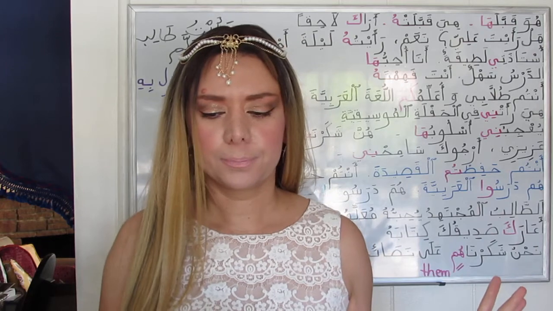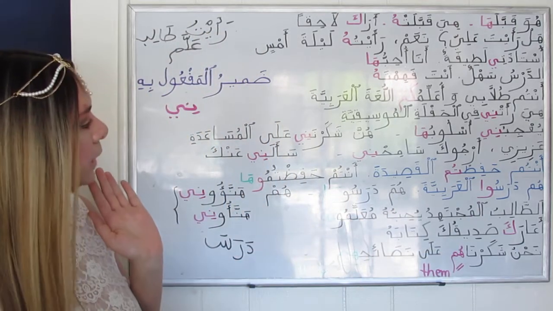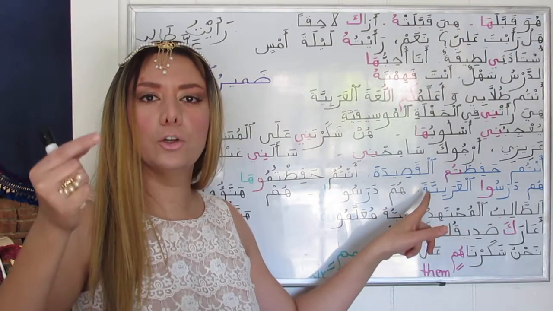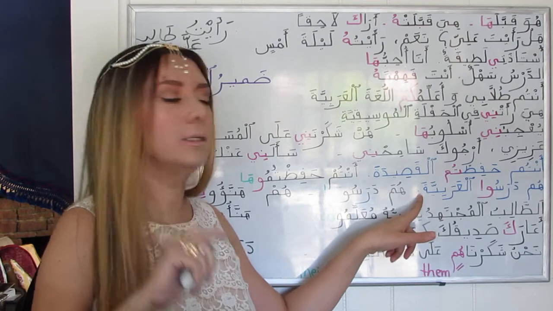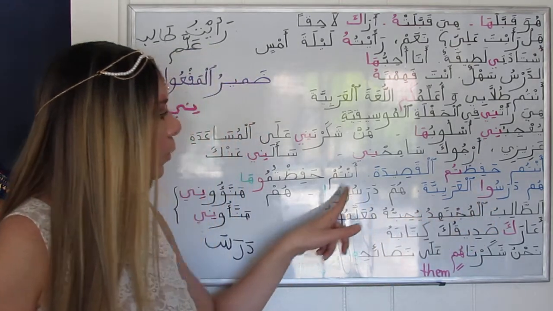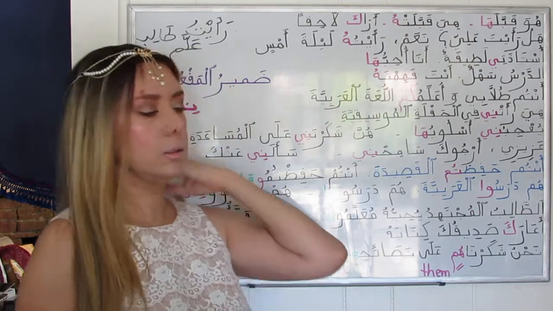So the alif at the end is just a spelling convention. When we attach a direct object pronoun to this ending, the alif is dropped. So we would say هم درسوها. العربية is a singular feminine noun because of the ta of femininity, easy to spot. So we will get rid of the alif before we add the ha referring to al-Arabiya, the object pronoun.